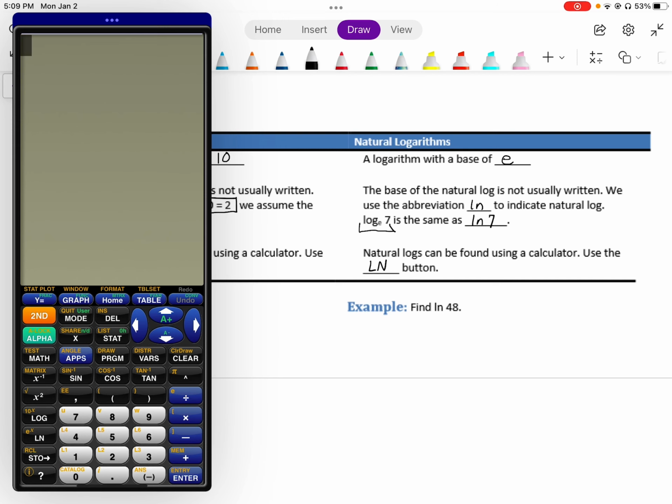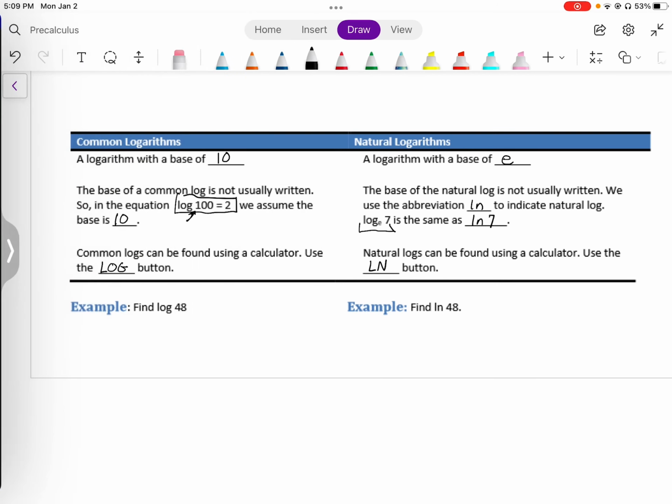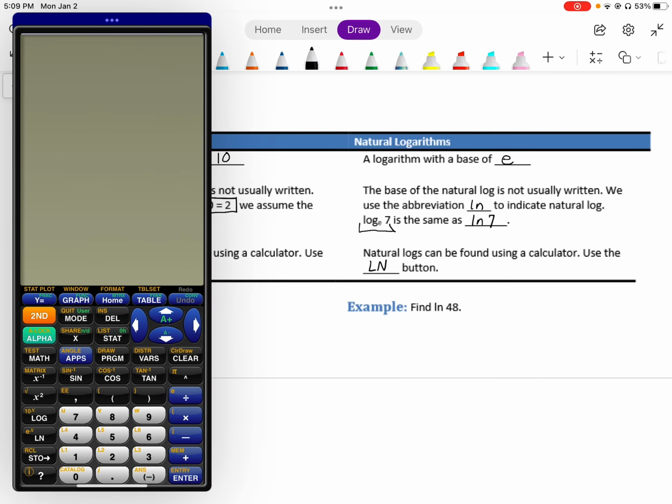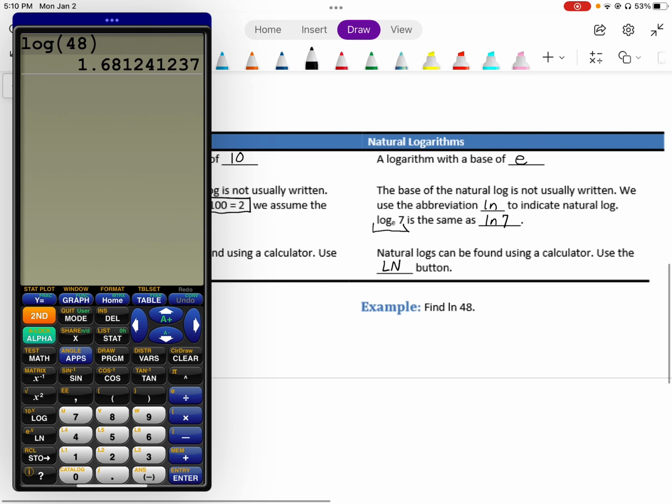It is the fourth button on the left side from the top, log of 48. And we get 1.68. So this is going to be equal to approximately 1.68.